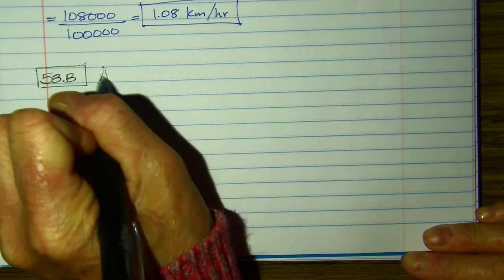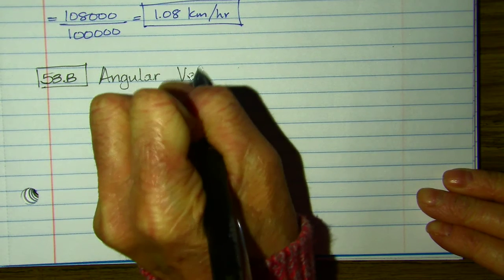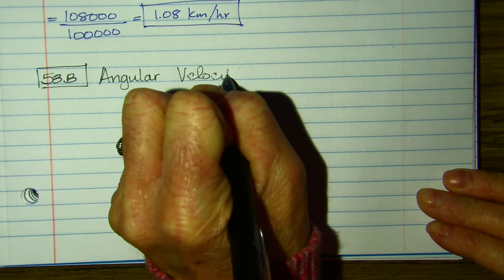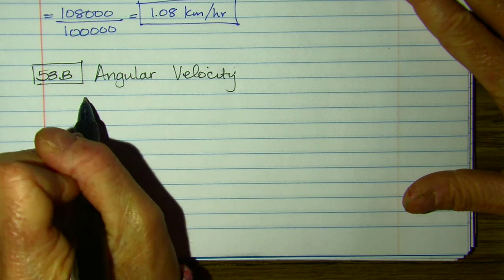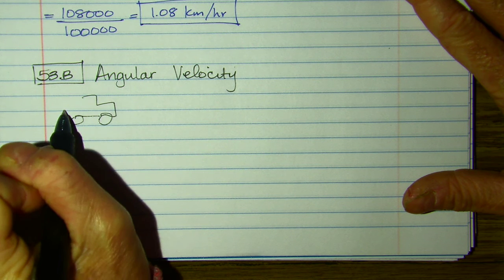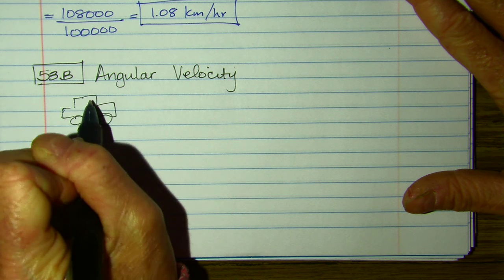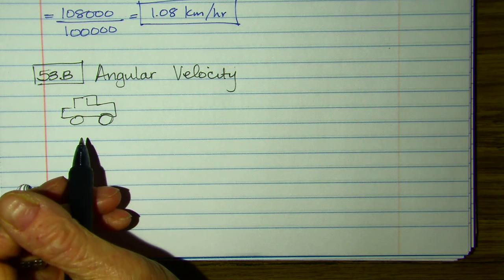And it is on angular velocity. All right, so angular velocity. Here's my really bad drawing of a car. Now there are two velocities happening.